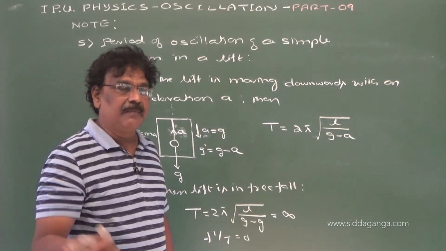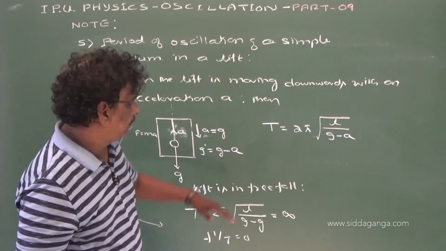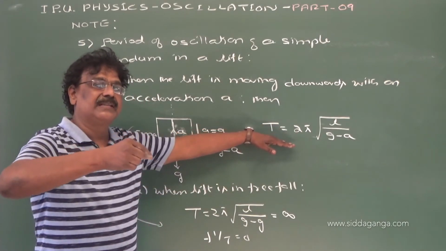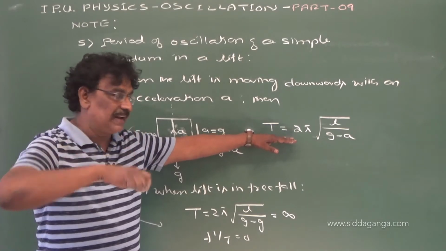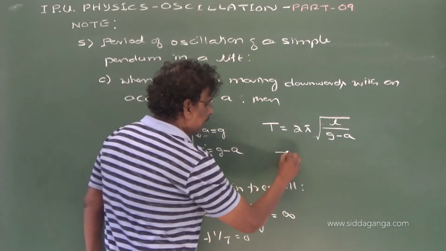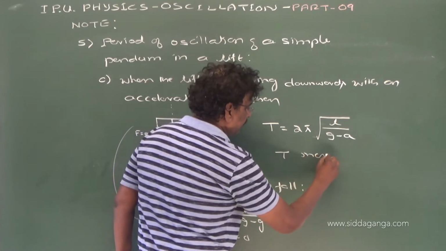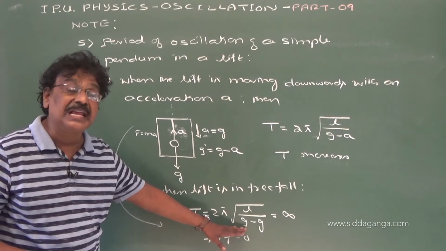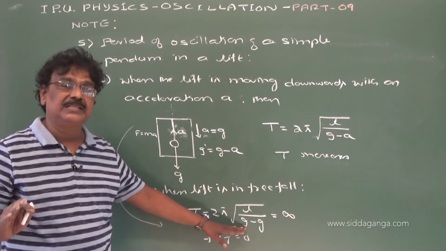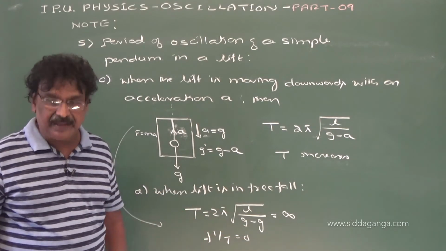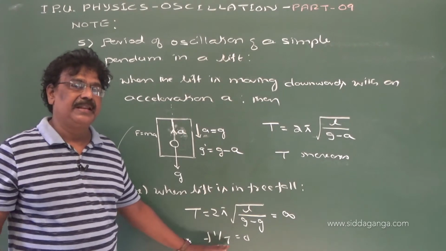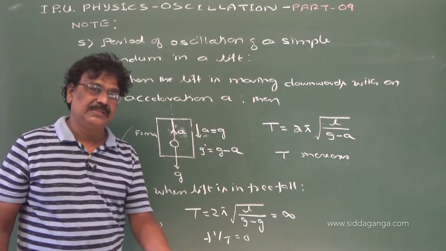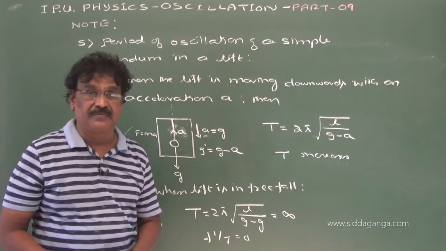Remember, when the lift is moving upwards, effective acceleration due to gravity increases, T decreases. Here the value of T increases. It becomes infinity when g dash is equal to g for free fall. Remember that period is infinity means frequency is 0. Frequency is 0 means there is no oscillation of the pendulum.